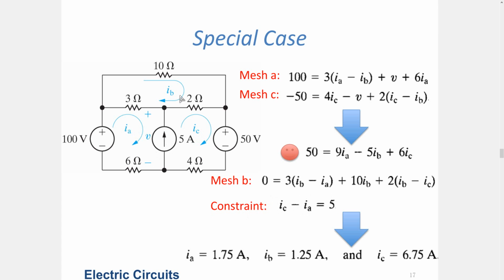Now I have 3 unknowns, and I have 3 equations, as you can see: the first, the second, and the third one. If we do the math, you can use MATLAB or whatever, you are going to get these results. So we have 175 for IA, we have 125 for IB, and we have 675 for the IC.